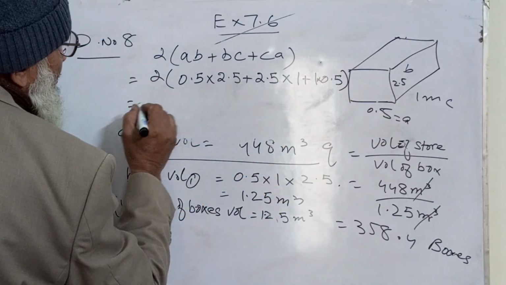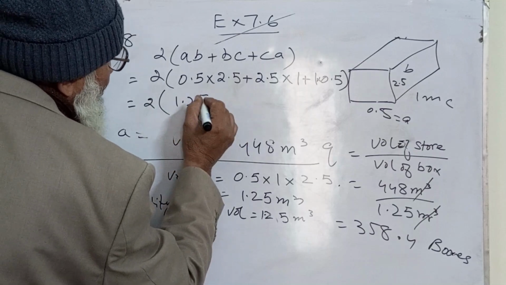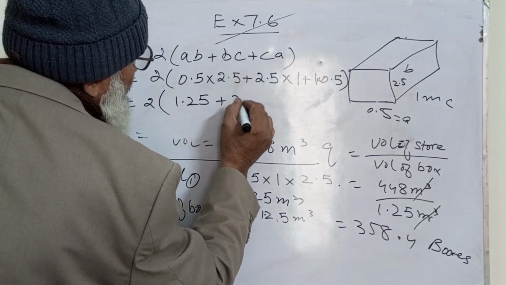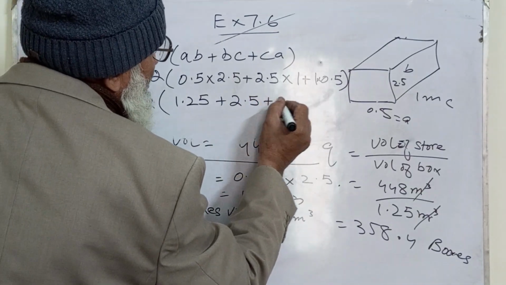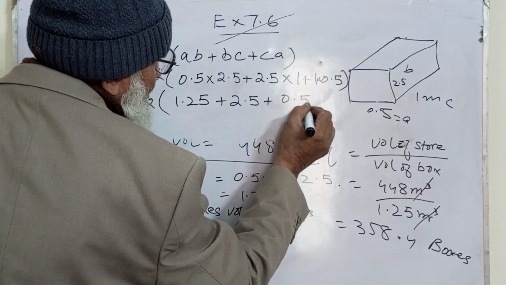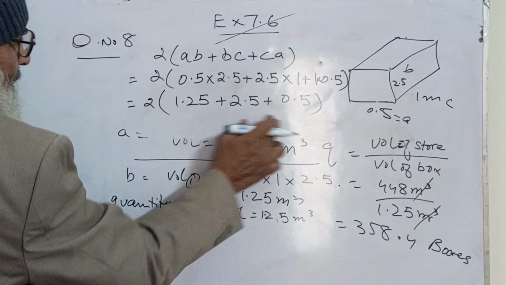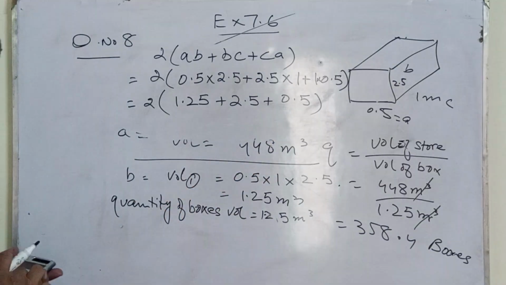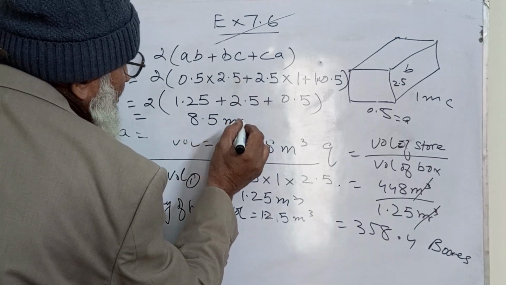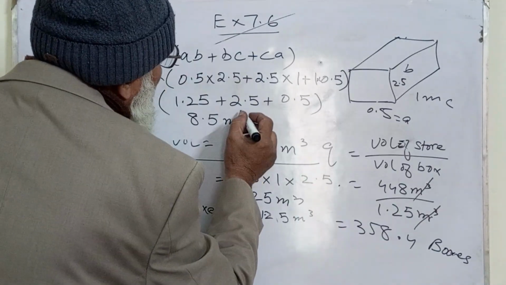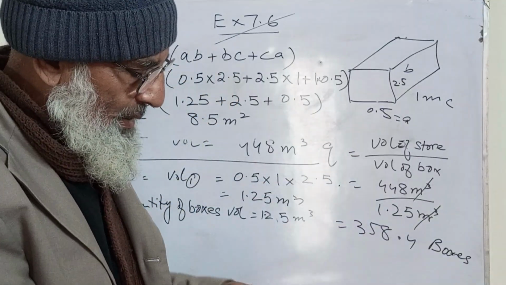Now it will become 2 multiplied by 1.25, 2.5, and 0.5. All the dimensions have been calculated, so just add all of these. It will come to 8.5 meters square. Okay, it is correct. Now the next question is almost like this one.